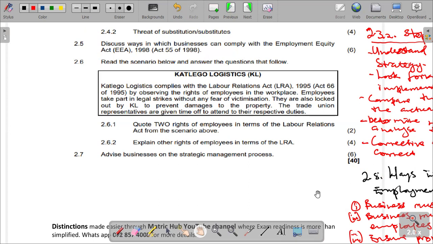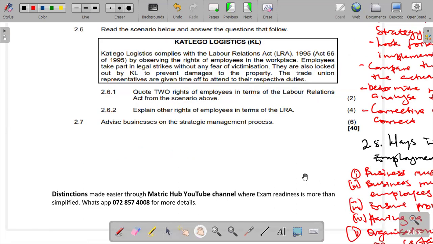Employees take part in legal strikes without any fear of victimization. They are also locked out by KL to prevent damages to the property. The trade union representatives are given time off to attend to their respective duties.